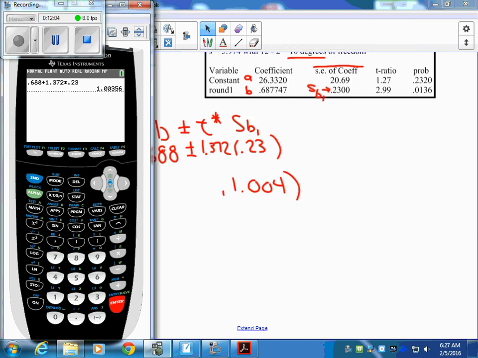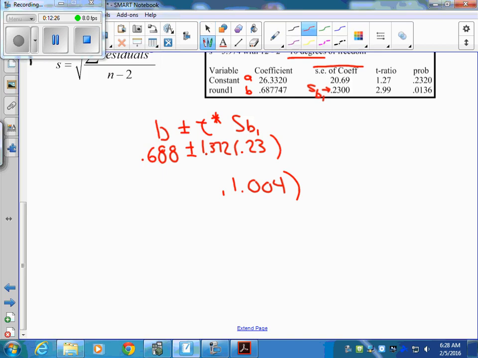And then if we want to find the lower boundary, we can go second entry, get back into the formula itself, and then just change that plus to a minus. So we change it to a minus, enter, and we've got our lower boundary of 0.372.